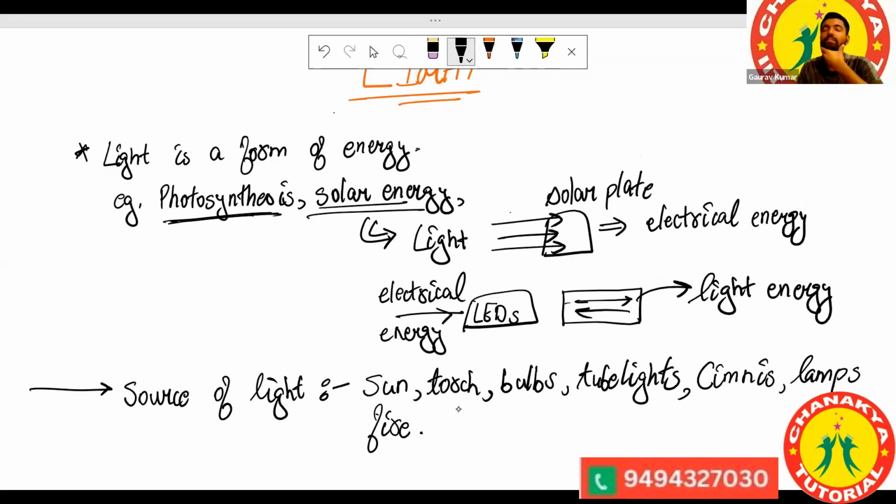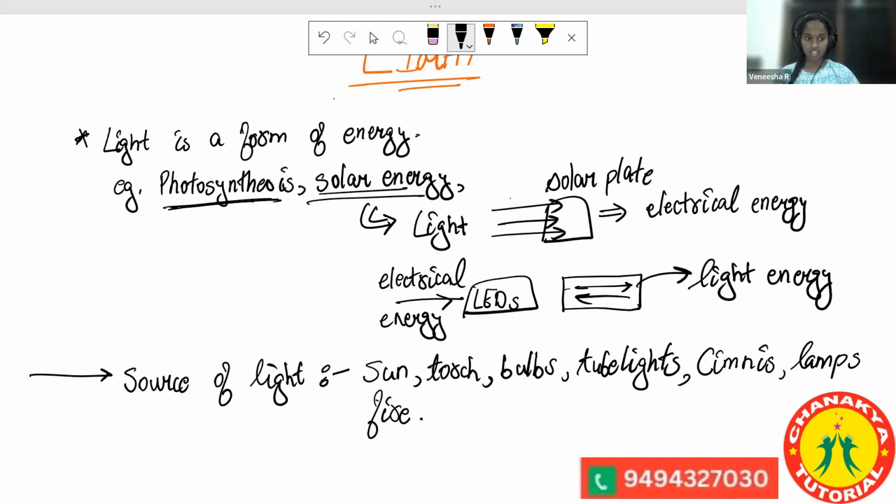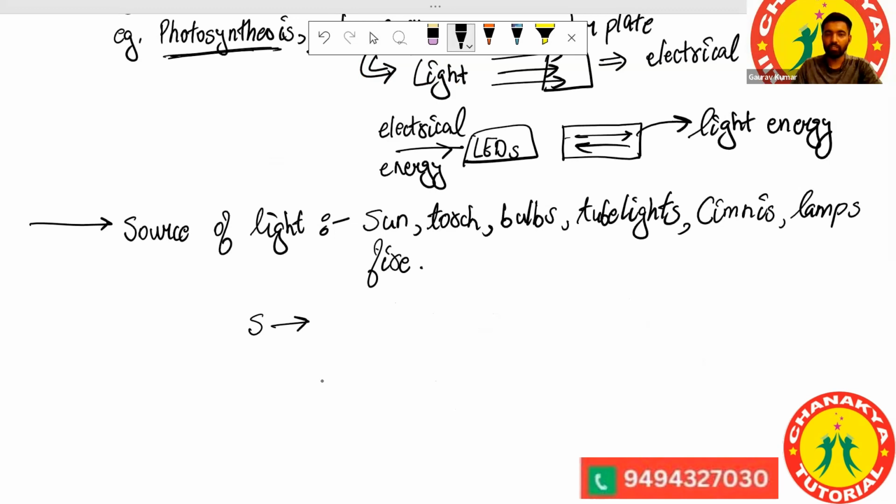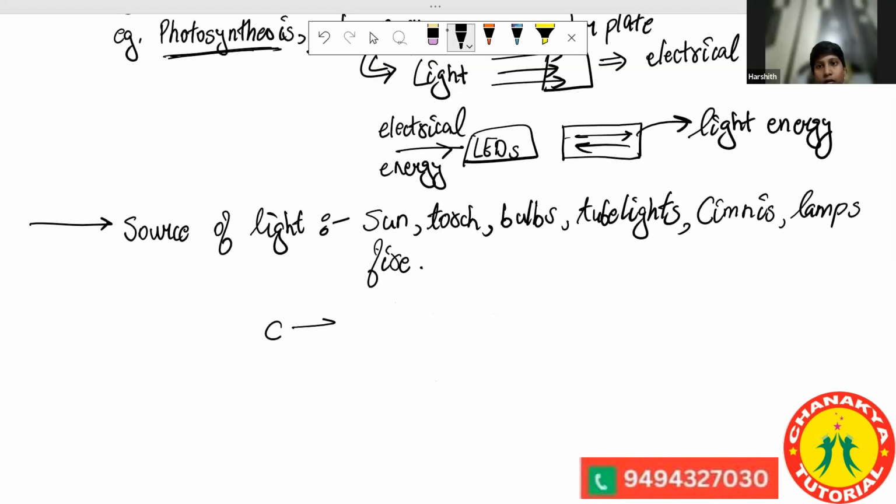In the last class, I told you about the speed of light. What is the speed of light? 300,000 meters per second, approximately. 3 into 10 to the power 8.